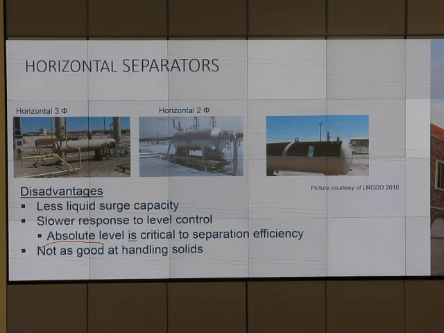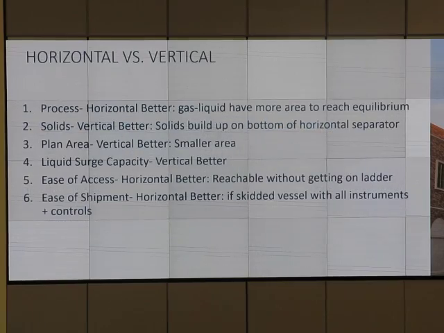So when the liquid level is too high, the gas cross-section area is smaller, so gas moves fast, right? So in the vertical separator, the liquid level doesn't change the velocity much, just that. So it can handle solid, okay? Horizontal separator can handle solid, but we have to do something more. I will talk about that.